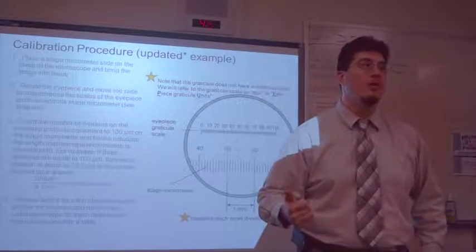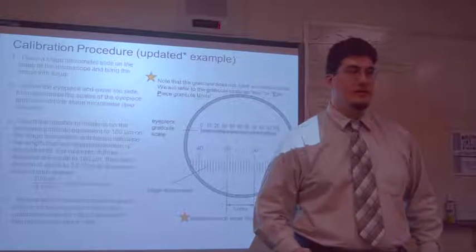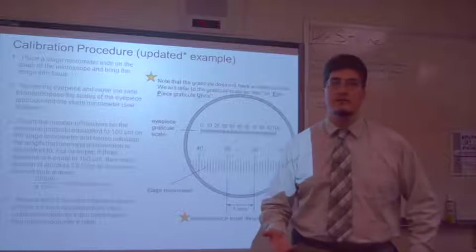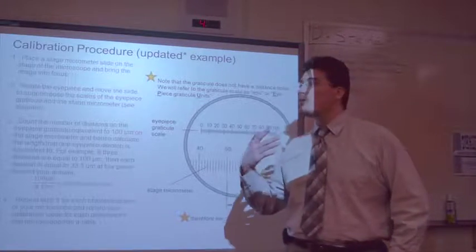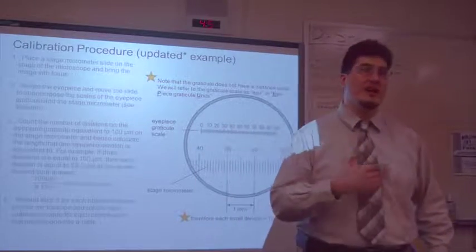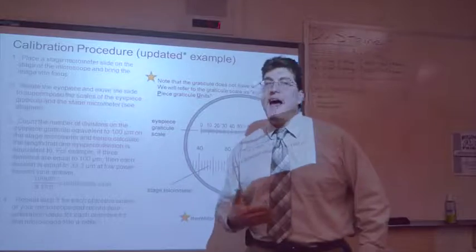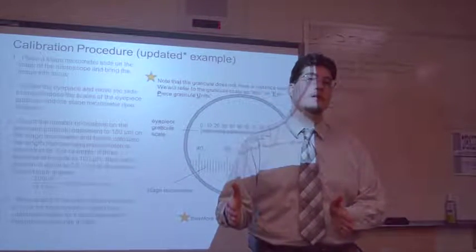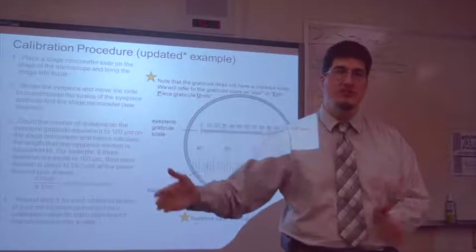If I don't know how much a foot is, because, gosh, why would I? Imperial units are silly. Metric is so much better. I know how much a millimeter is, so I would find out by taking a foot-long ruler and comparing it with a millimeter measuring device.